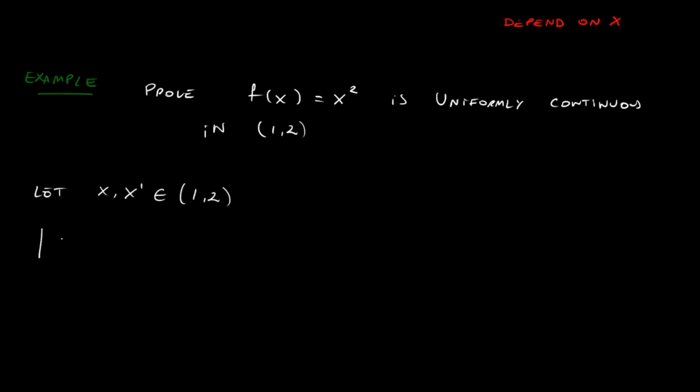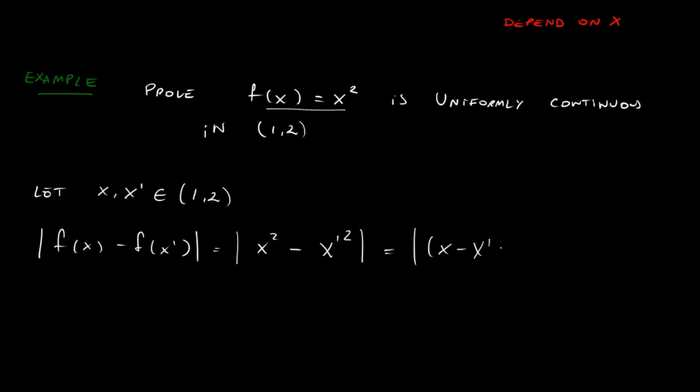And let's first calculate what the function at x minus the function at x prime gives us. Using the definition of the function, f of x is x squared, so this is the absolute value of x squared minus x prime squared. Now we can rewrite this as x minus x prime times x plus x prime.